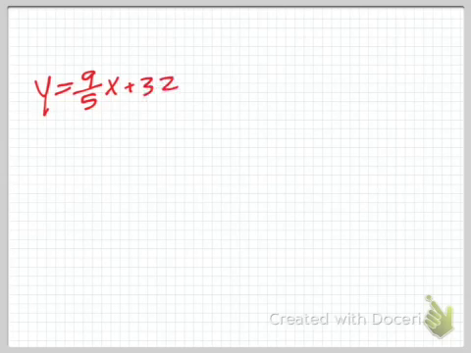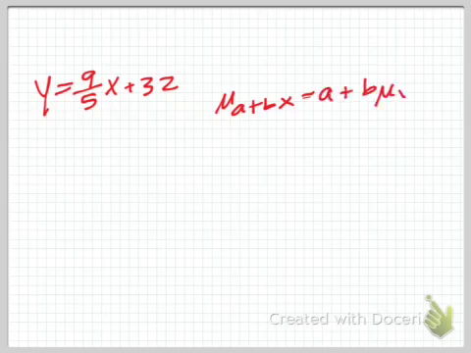If we're relating it back to our rules that we looked at, this is similar to the mean of a plus bx equals a plus b mu of x, and the variance of a plus bx equals, remember, b squared times the variance of x.